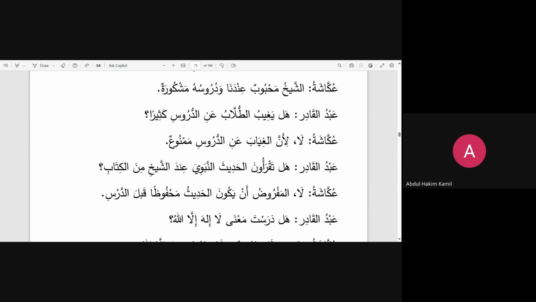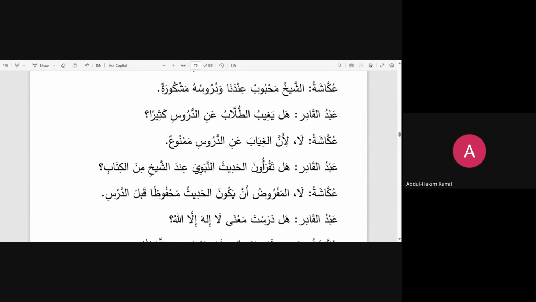It says لا لأن الغياب عن الدروس ممنوع. You repeat after me. Don't rush to translate. لا لأن الغياب عن الدروس ممنوع. What does that mean? Because missing is prohibited. Absence is forbidden. Very good. Being absent from the lessons is forbidden.